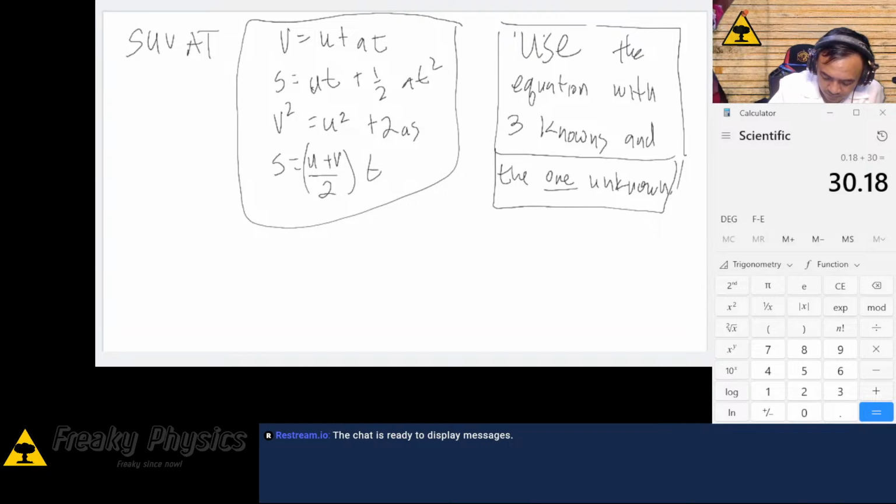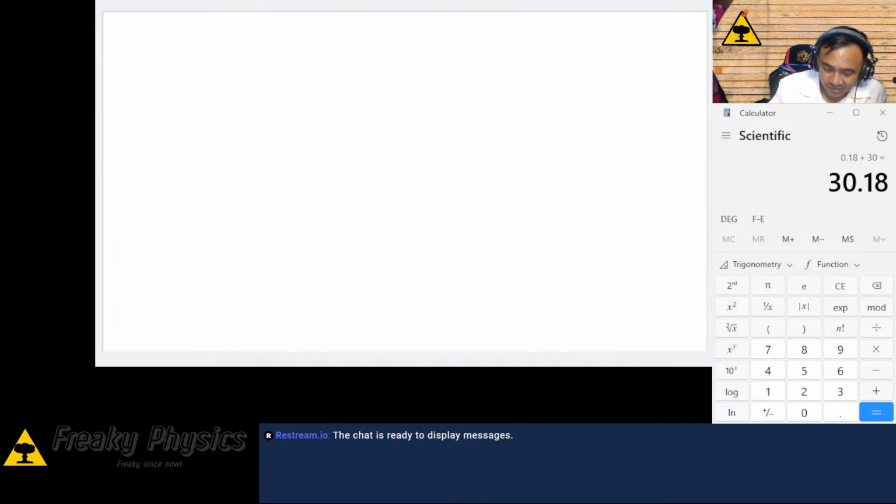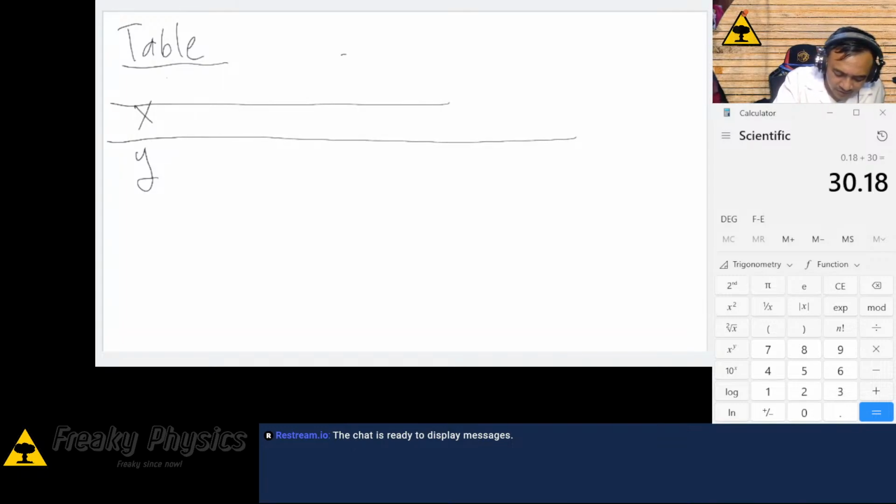Now the last thing we're going to do is how to set up the table. In projectile motion later on, it's going to be useful to do x and y again. So we're just going to generalize it to x and y again. I'm going to write suvat just like that.